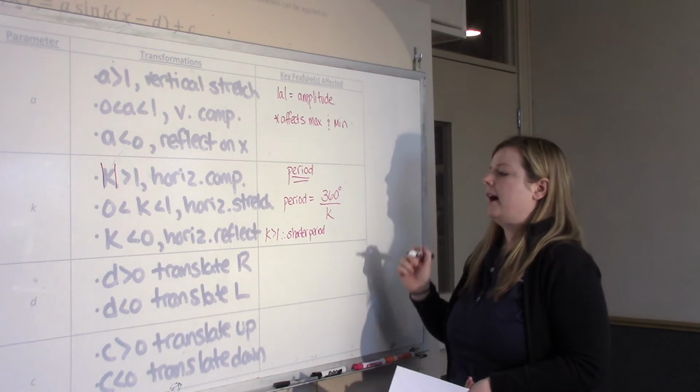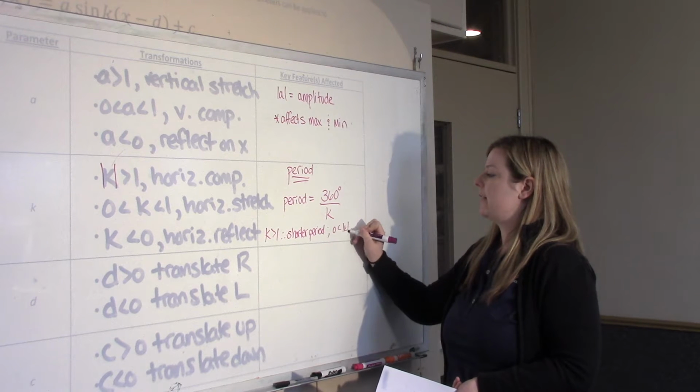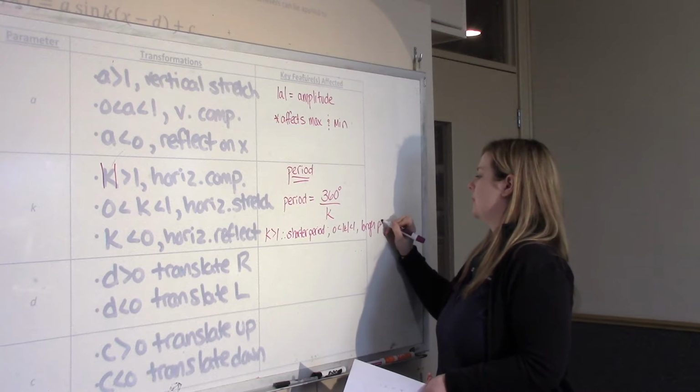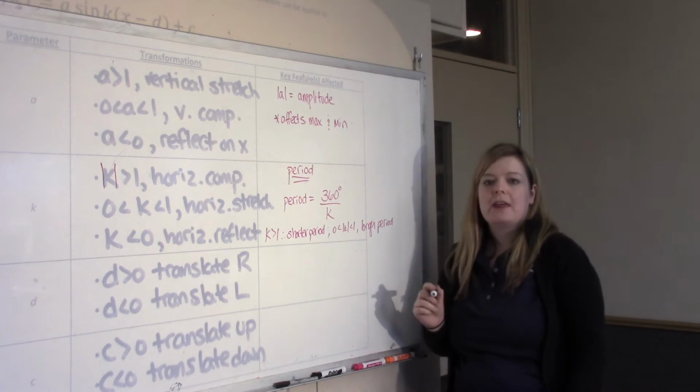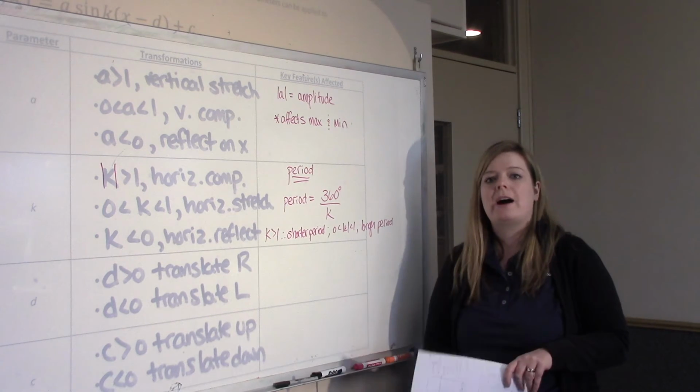Okay? If K is between 0 and 1, the absolute value of K that is, then it's a longer period. Okay, so what about a K value of 1/5? That means it's a horizontal stretch by 5.